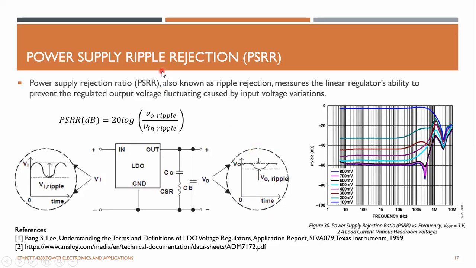Finally, we have this power supply ripple rejection, which is also known as PSRR. I have explained that in our standard diode example also. LDO regulators are typically connected to switch mode power supplies in post regulation, as I mentioned, because of their high ripple rejection.